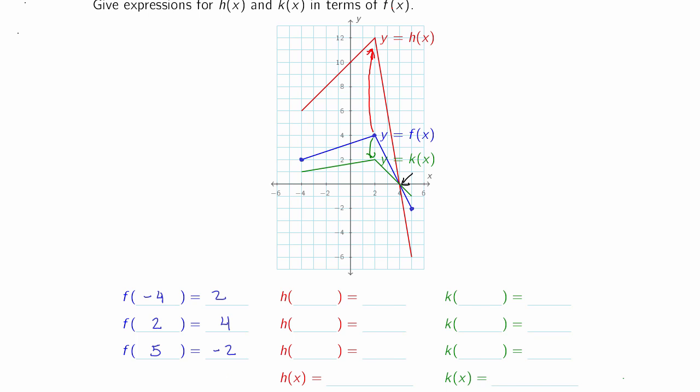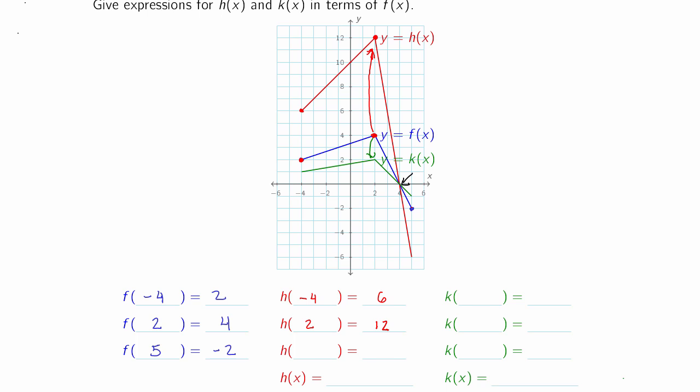When we scale up to get h, we take every point and triple its y-coordinate. So -4, 2 becomes -4, 6. h of -4 is 6. 2, 4 becomes 2, 12. h of 2 is 12.